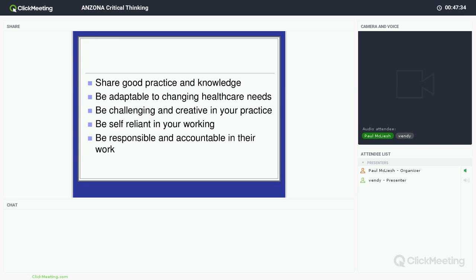Excellent, thanks, Lindy. This is such an important part of nursing practice. Elements of it are not unique to orthopedic nursing; these are things that are core to nursing. But if we can reflect on our practice and think about how we practice, I like the think aloud, the couple of slides you had there.